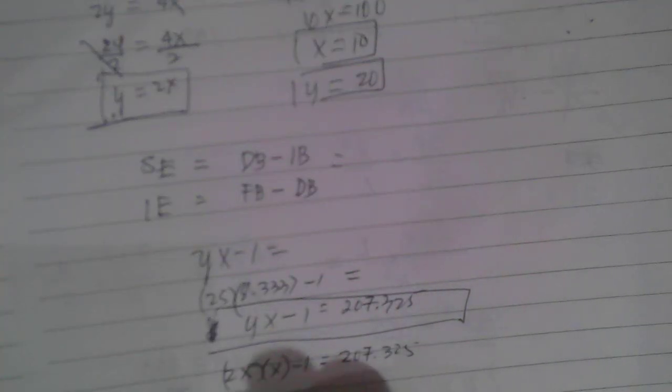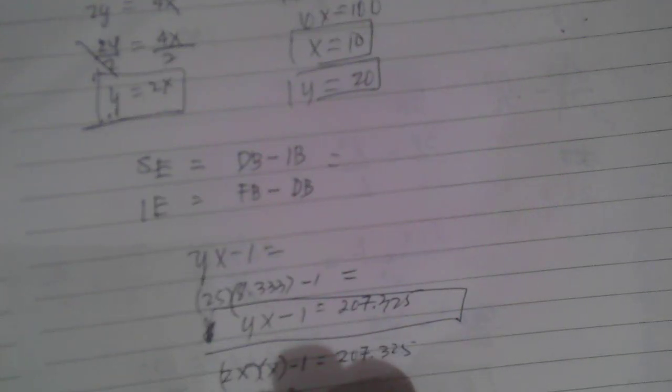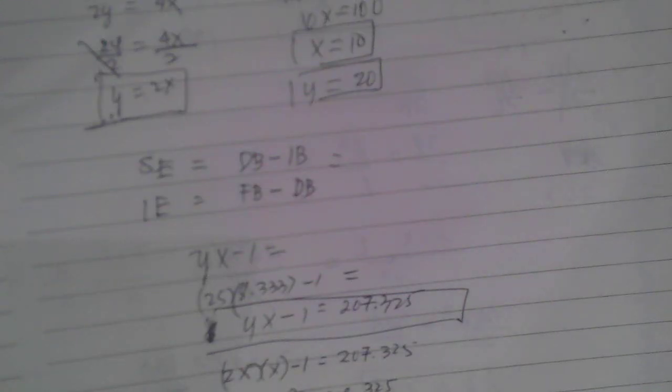You have 2x squared. Transposing, it becomes plus, 208.325 divided by 2, x squared is equal to 104.1625.